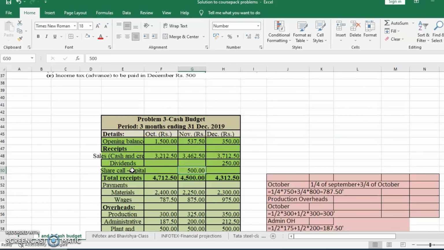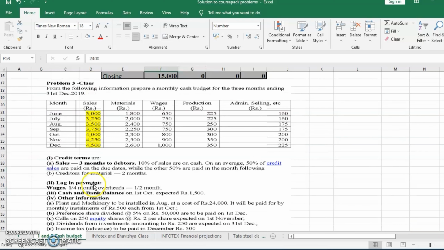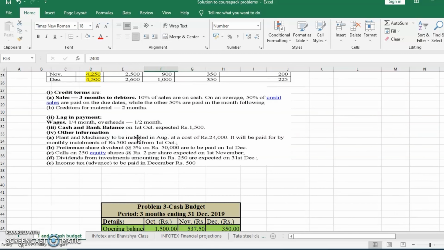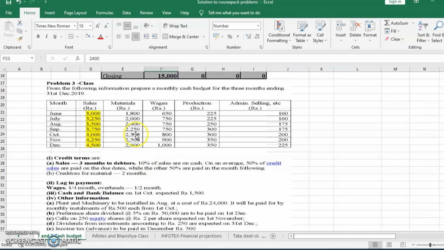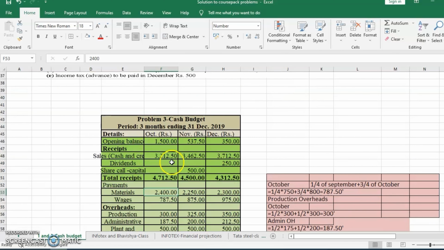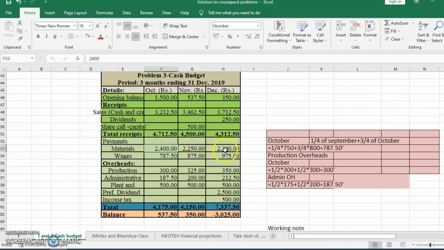So going back to my payment, 2,400, how did I get this? See, we are preparing for October. So August you have actually a material of 2,400, and that shall be paid in the month of October. So that way I have taken 2,400. Same way, look at this, 2,250. So you have 2,250 and 2,300.